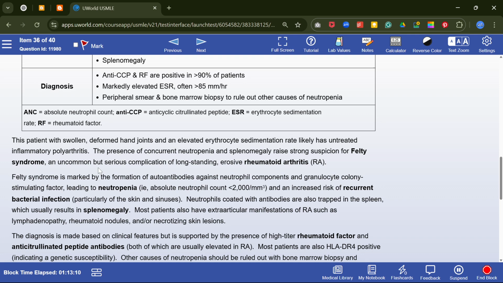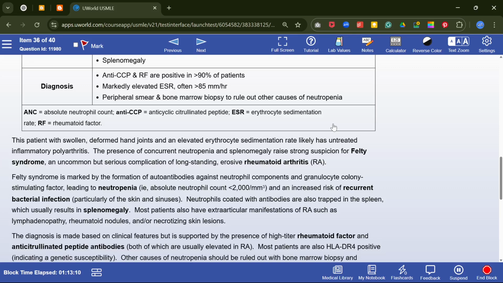Felty syndrome is marked by formation of autoantibodies against neutrophil components and granulocyte colony stimulating factor, leading to neutropenia, with an absolute neutrophil count less than 2000, and increased risk for recurrent bacterial infection, particularly of the skin and the sinuses. Neutrophils coated with antibodies are also trapped in the spleen, which usually results in splenomegaly.